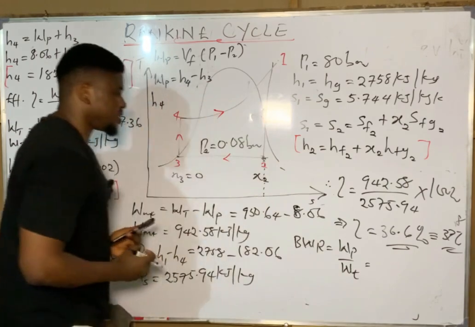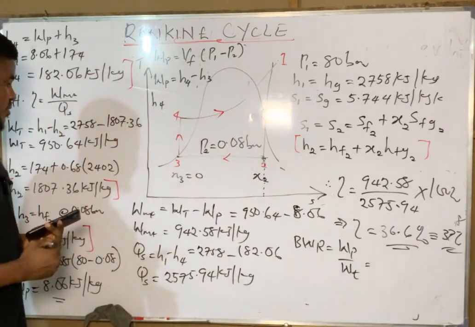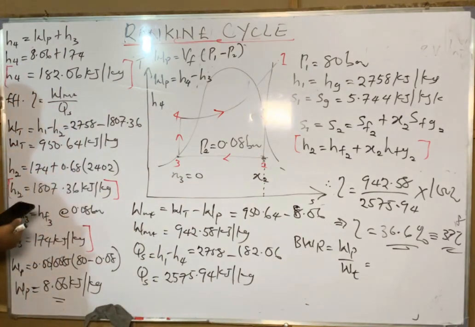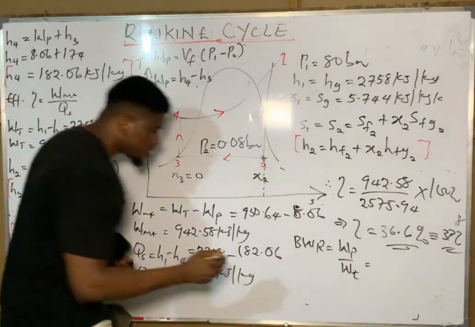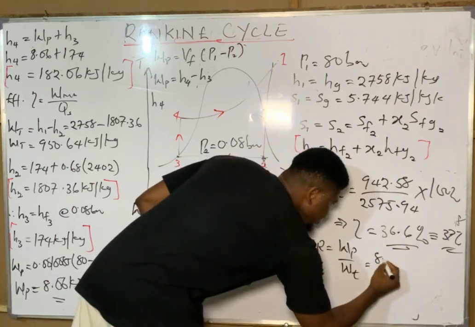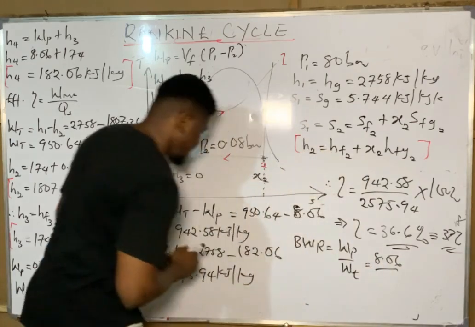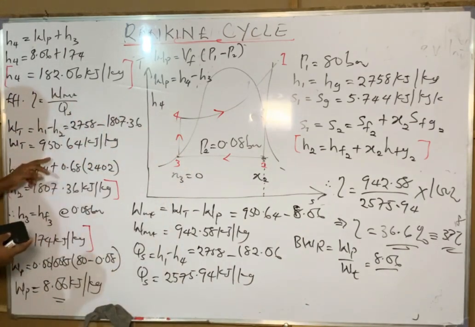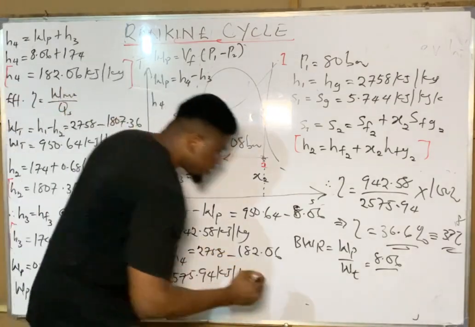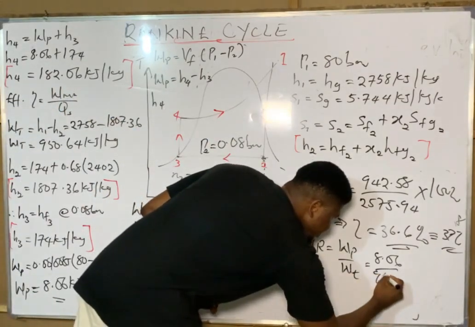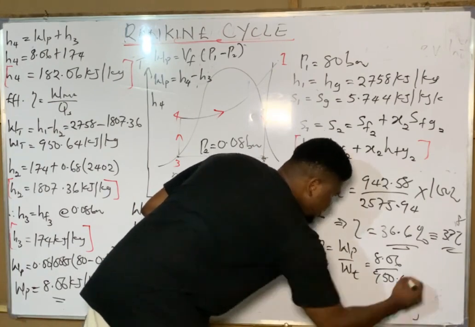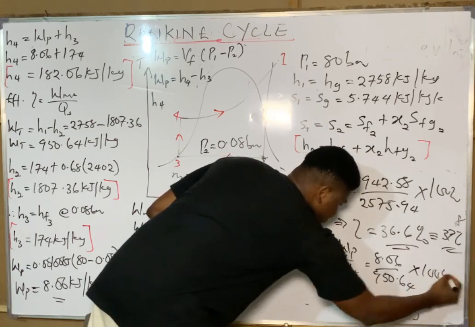The pump work is 8.06, divided by our turbine work, 950.64. You can multiply this by 100% if you wish, since it's a ratio.